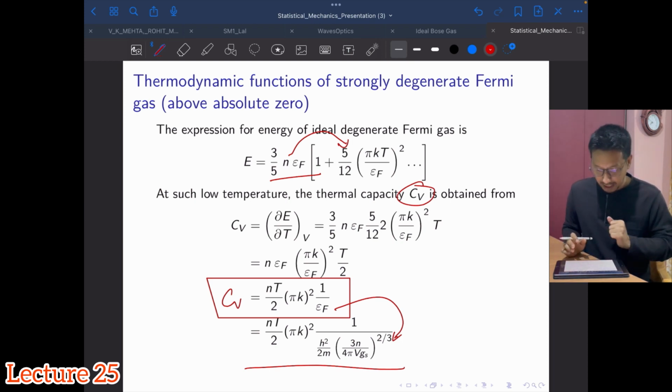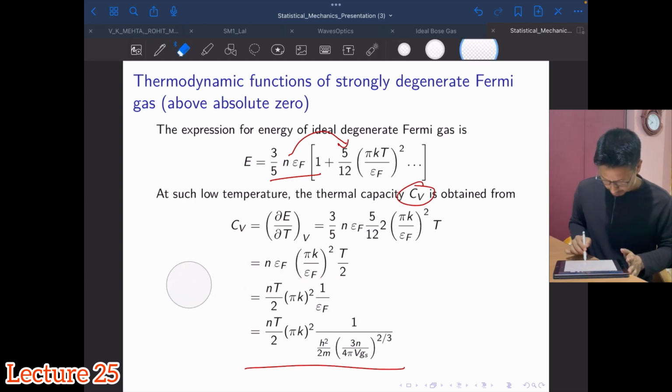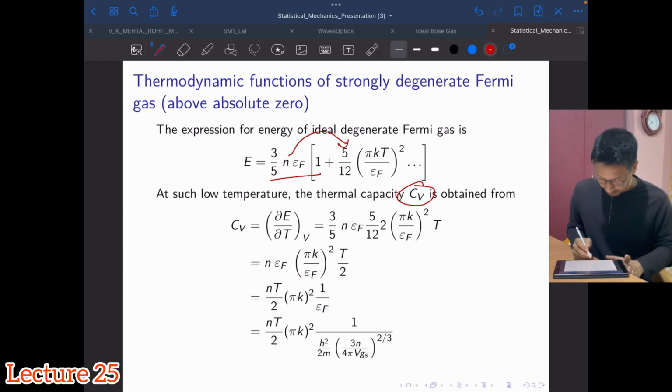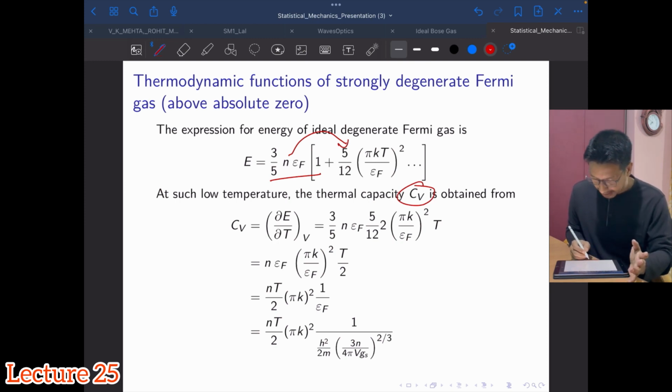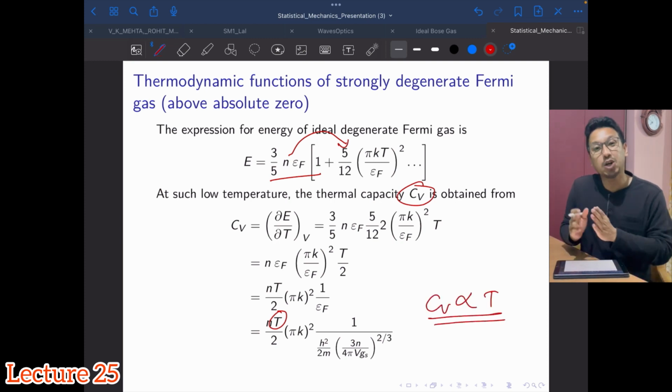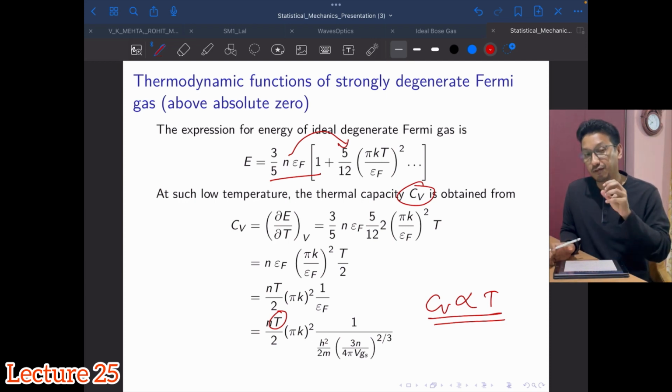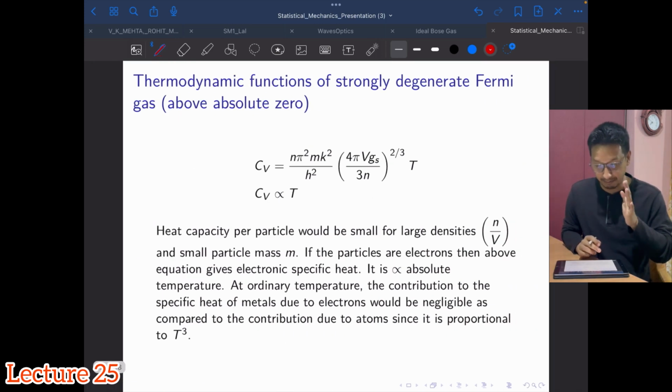So basically the most important part to be noted here is that most of the things are constant: N, the number of fermions, 2 pi k, all these things are constant except this T. So CV is proportional to T. So at low temperatures, the specific heat at constant volume is proportional to T. Just remember, this is a very important point.